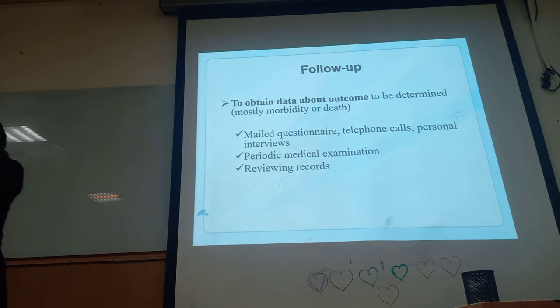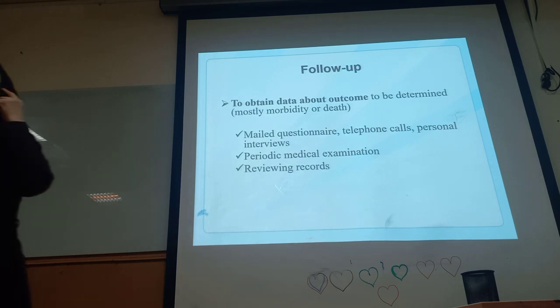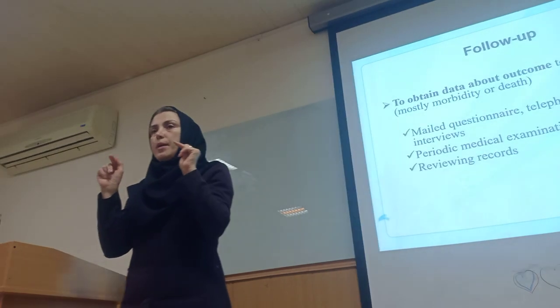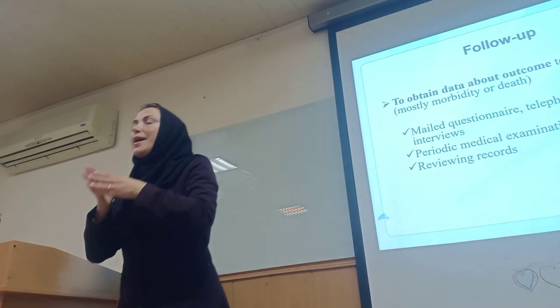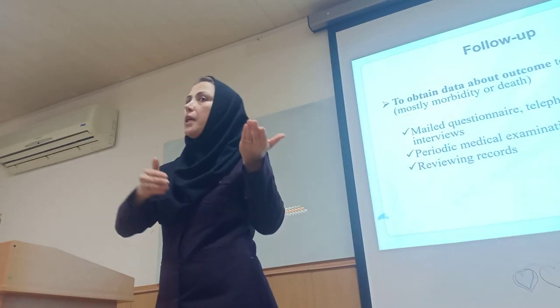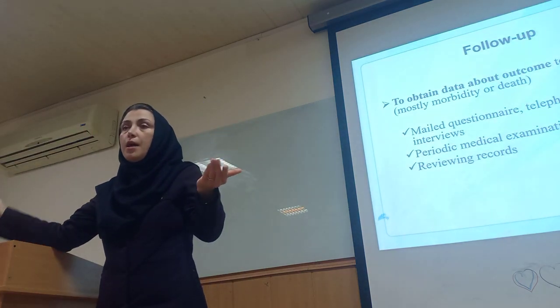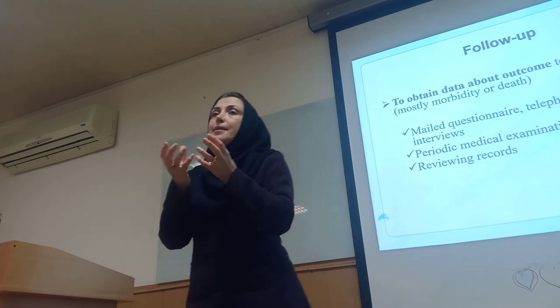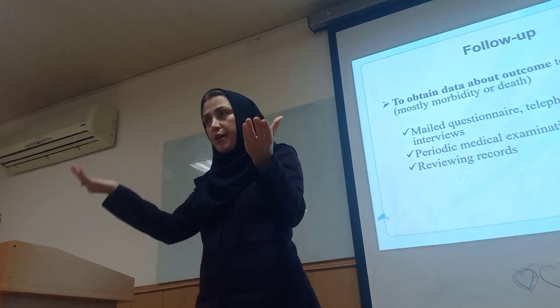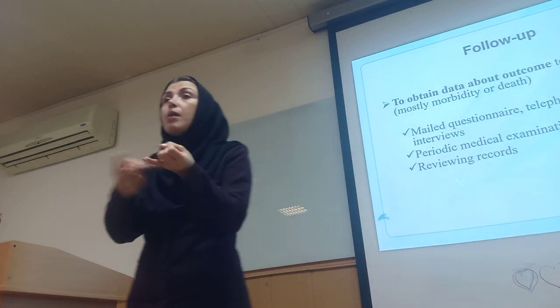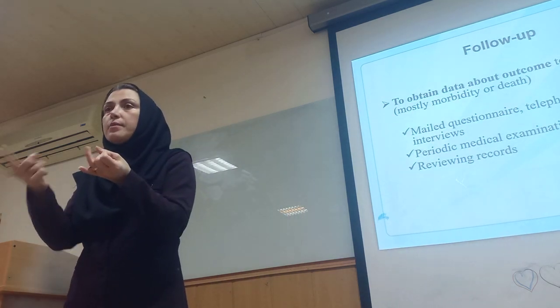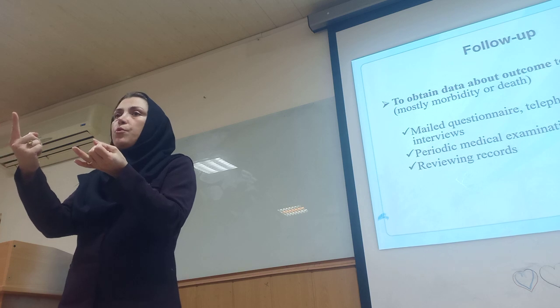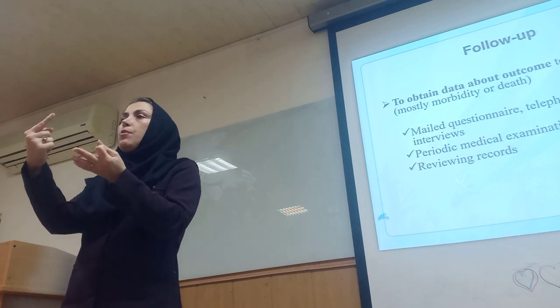We can develop a questionnaire and ask some different questions. For example, our primary interest is finding the association between smoking and myocardial infarction. But if we have the total population and ask them about smoking or not, we can ask them about hypercholesterolemia or not, about diabetes or not, about obesity or not.